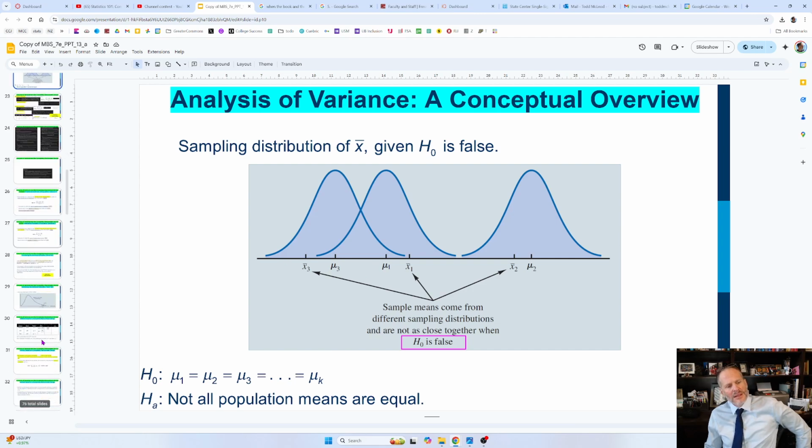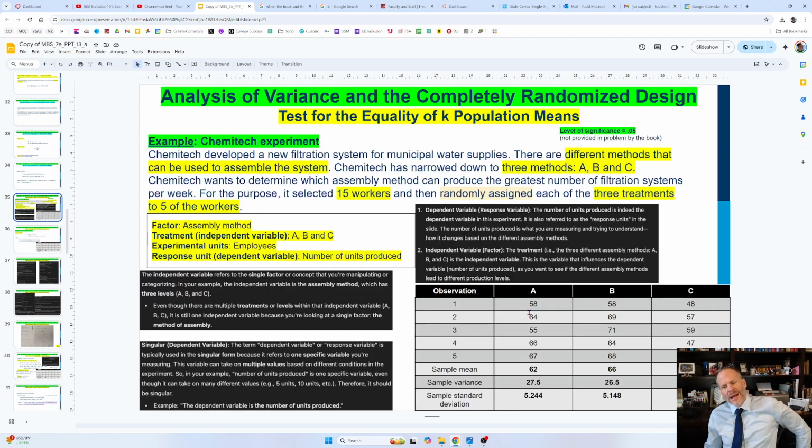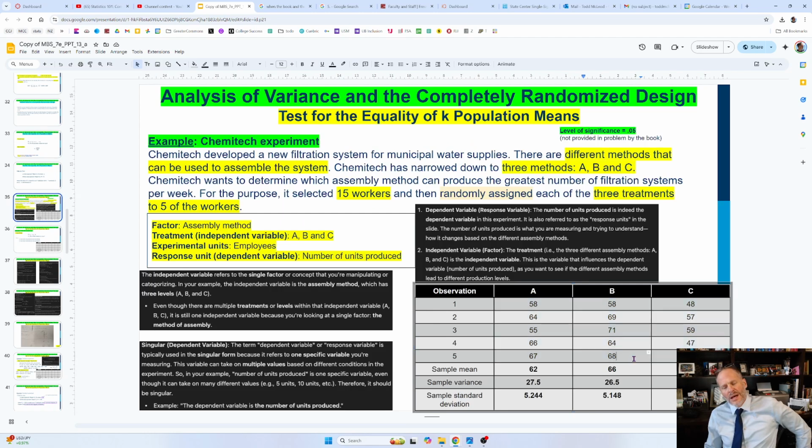And what that means, when you look at your data, is that they aren't coming from the same population, and there's going to be one population probability distribution which is better. And so if this one's making 62 units a week, this is making 66 units a week, and this is making 52 units a week, like this one looks best. It's like doing the most units, and it has the least amount of variability. We're going with B, people.